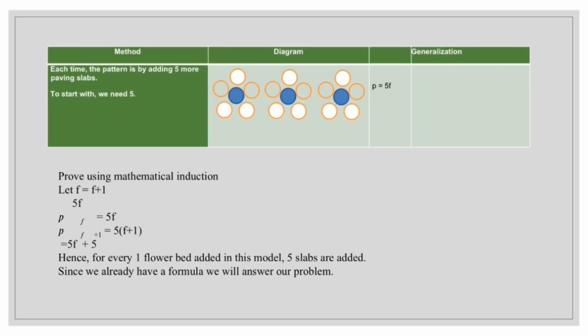Let f is equal to f plus 1, where 5f is our formula. And then p sub f is equal to 5f. And then p sub f plus 1 is equal to 5 quantity f plus 1. So our final answer is 5f plus 5. Hence, for every one flower bed added in this model, 5 slabs are added.